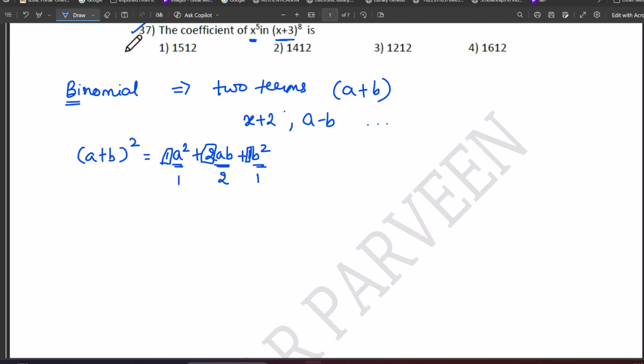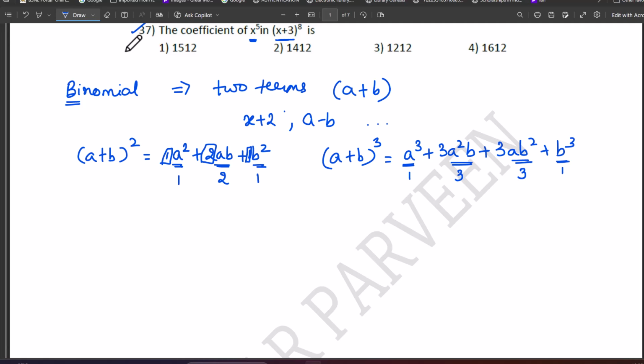Like that only, we have another expression like this, (a plus b) whole cube. This is also a formula, right? The algebraic identity it is. So you can write as a cube plus 3a square b plus 3ab square plus b cube. Observe the coefficients here. The a cube coefficient is 1. For a square b coefficient is 3. For ab square coefficient is 3.